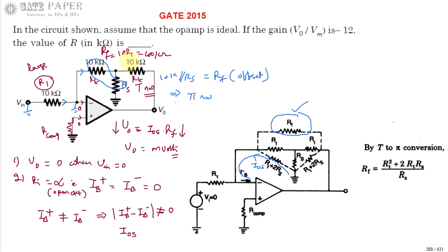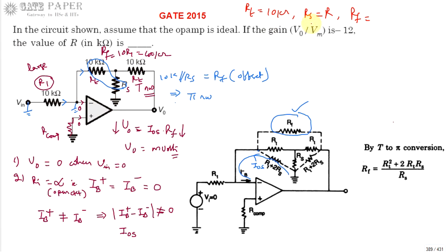RT in our case is 10 kilo ohms and RS is equal to R. RF can be written as follows. It is an inverting op amp, because the input signal is applied to the inverting terminal and there is negative feedback.